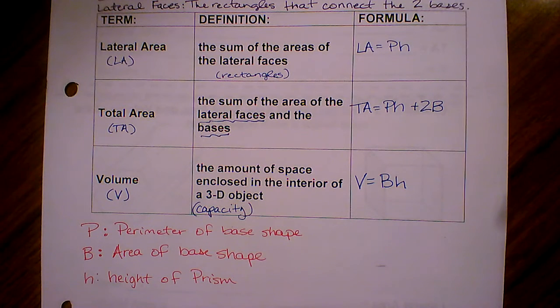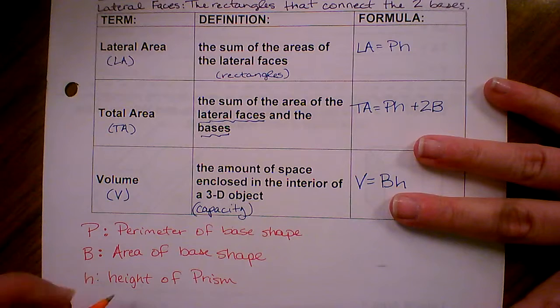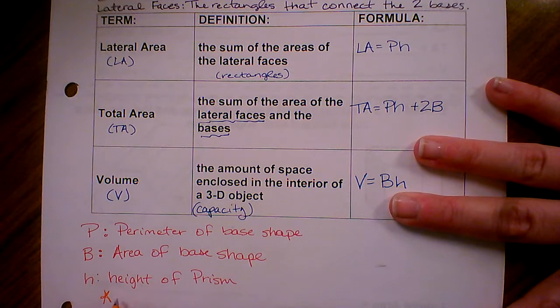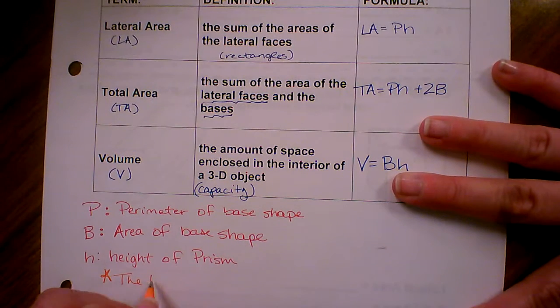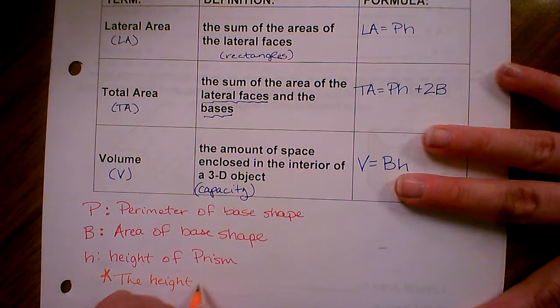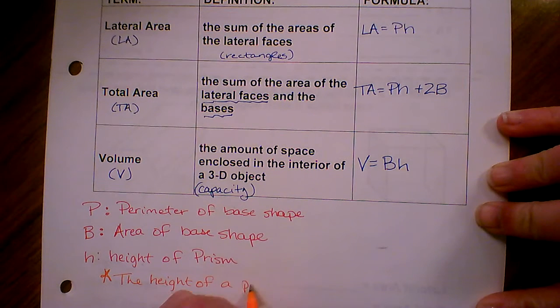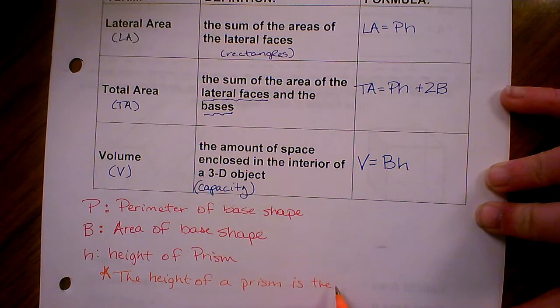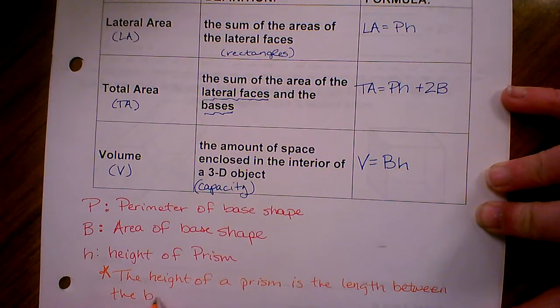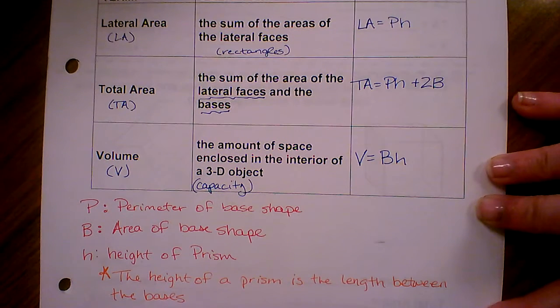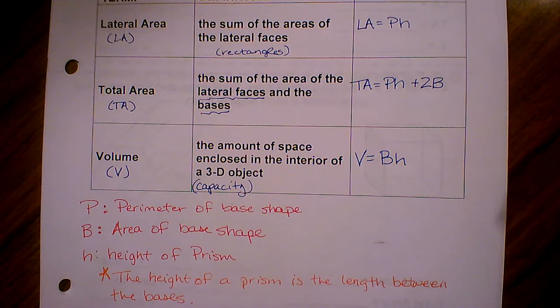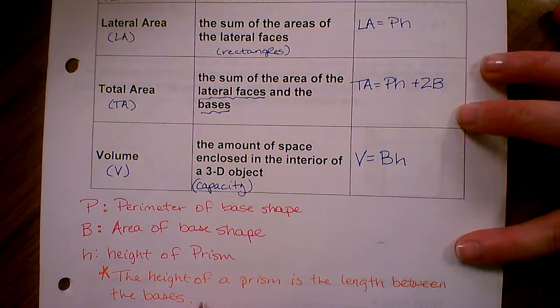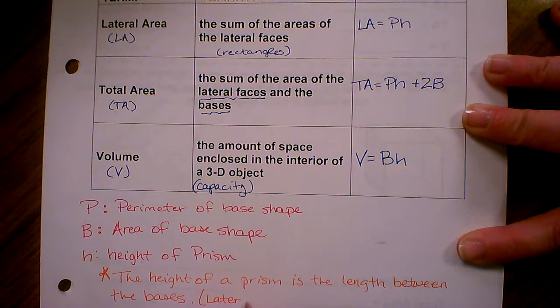Now, there's something important about the height of the prism. The height of a prism is the length between the bases. But remember, the length between the bases is along a lateral face. So in other words, this is a lateral edge.